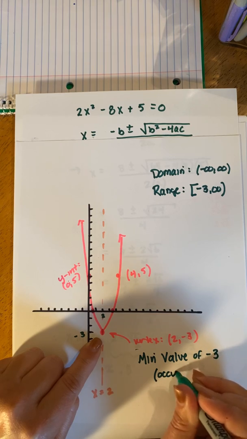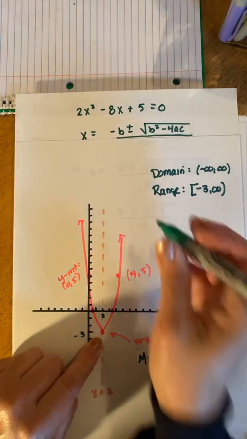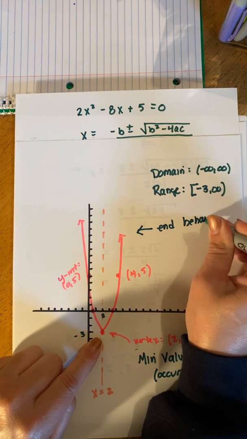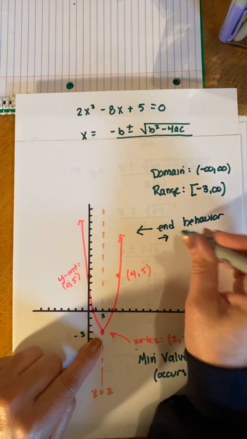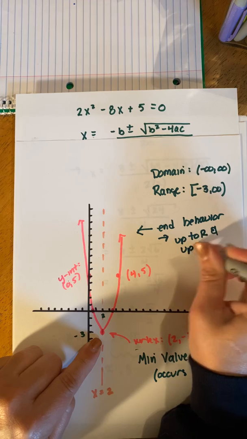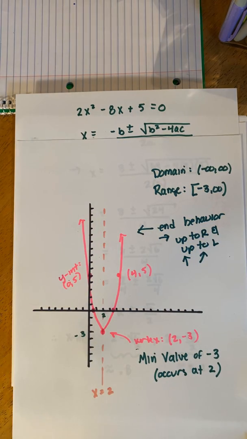It occurs at 2. Did I forget that for the last one? And end behavior: up to the right and up to the left. It goes up and up forever. There we go.